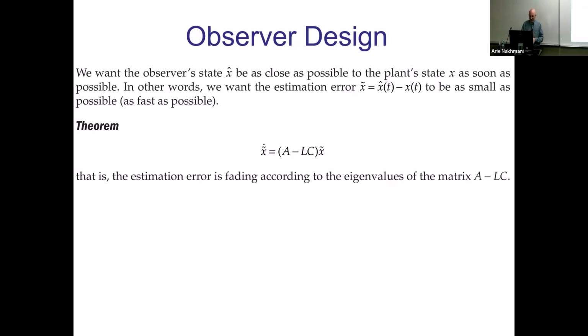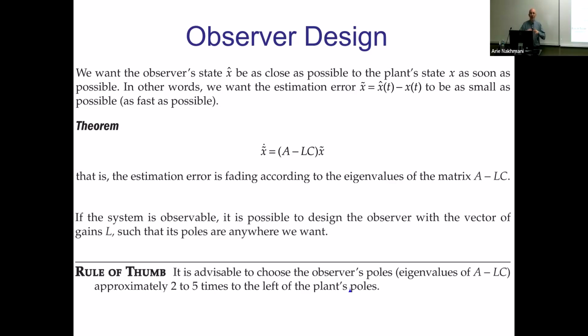Now, technically, you don't want them to be too fast. The rule of thumb, and this is not a theorem or anything, is that you typically want to choose your observer poles somewhat stronger and faster than your controller's poles. So if you choose controller poles in a particular place, choose the observer poles at least 2 to 5 times to the left of them, faster in a way, okay? So you move them to the left 2 times, or 5 times, 3 times, or whatever.